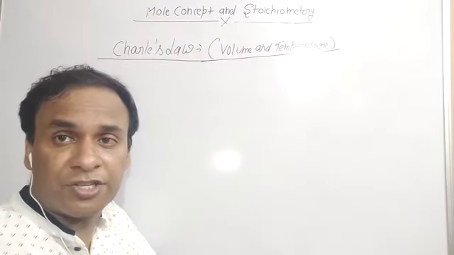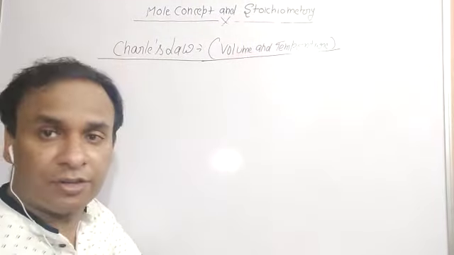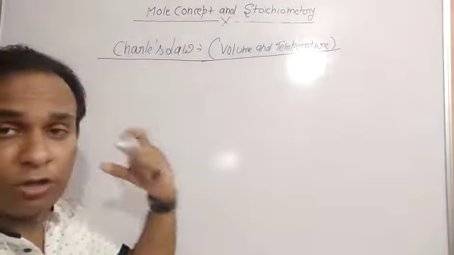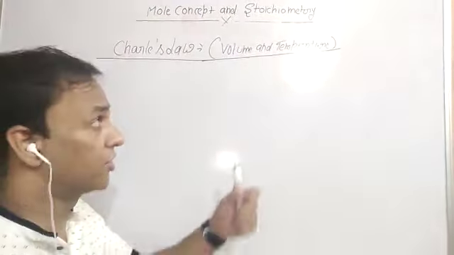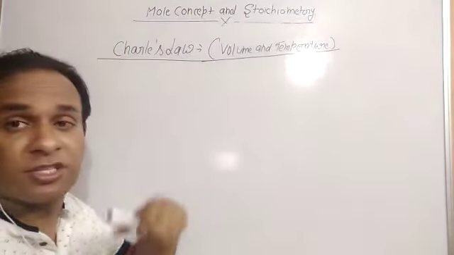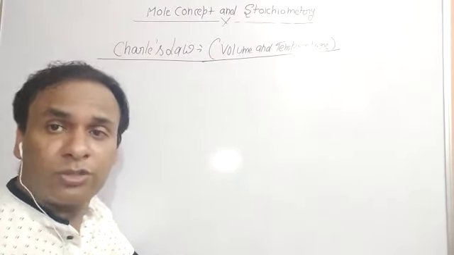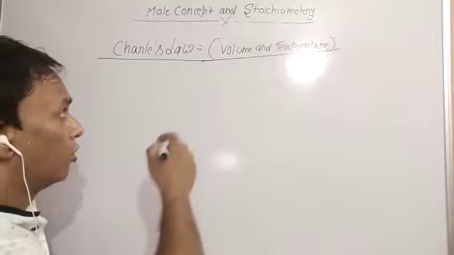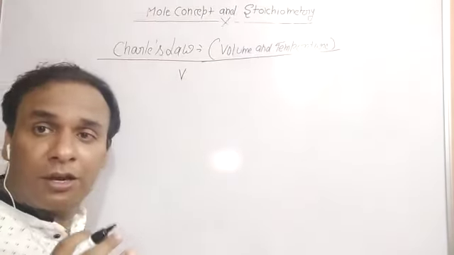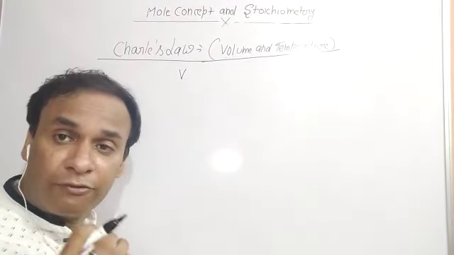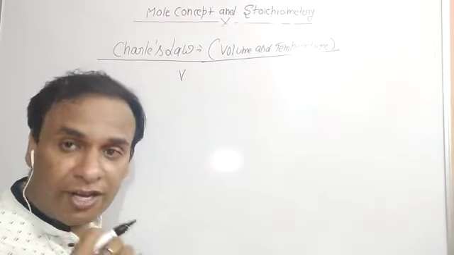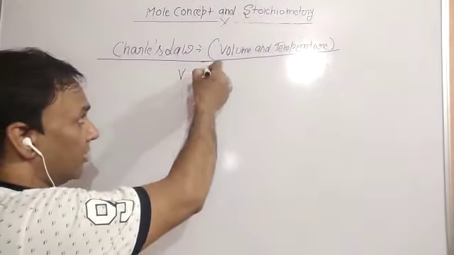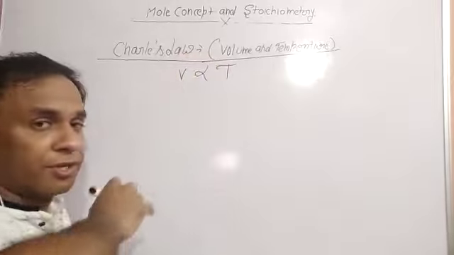Now, the next relationship, the volume and temperature relationship. The law which shows the relationship between volume and temperature is called Charles' law. According to Charles' law, the volume of a certain amount of dry gas is directly proportional to absolute temperature.